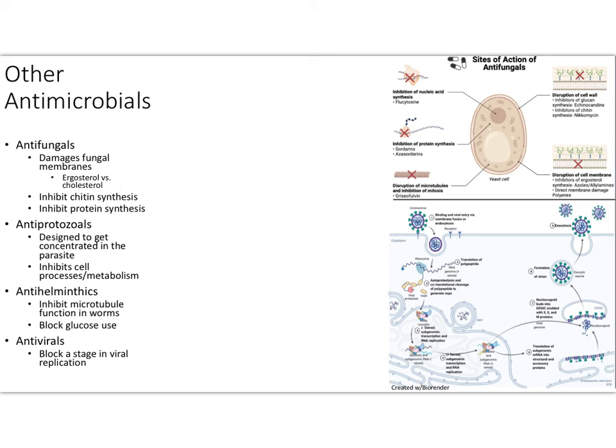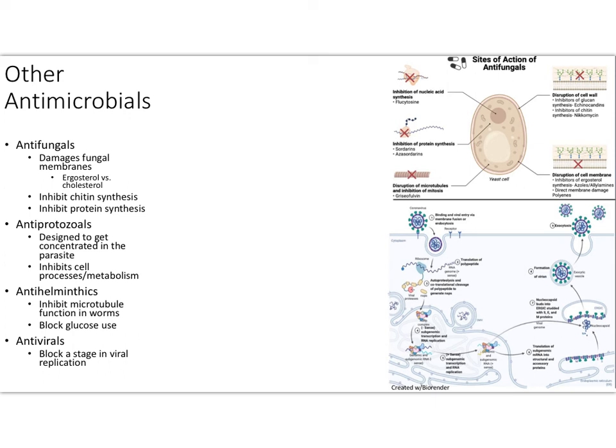Antifungals are the medications that we use to deal with fungal infections. Fungal infections are relatively difficult to treat, especially when we compare them to bacteria, because bacteria are prokaryotes and humans are eukaryotes. On the other hand, fungi are also eukaryotes.